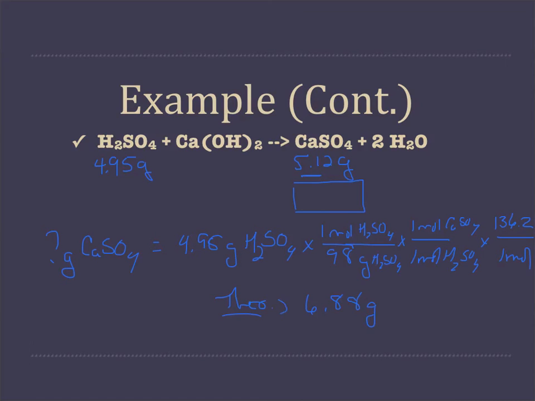So this is always the bigger value, and so you can see I got 5.12, so if I put in 6.88, take 5.12 divided by 6.88 times 100, this will give me my percent yield. So if I do that, I get 74.4%.